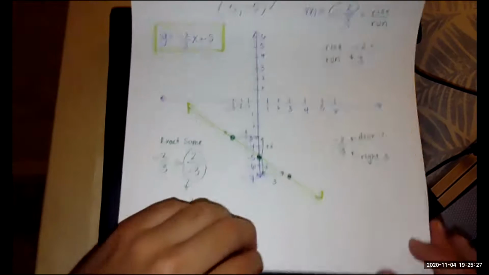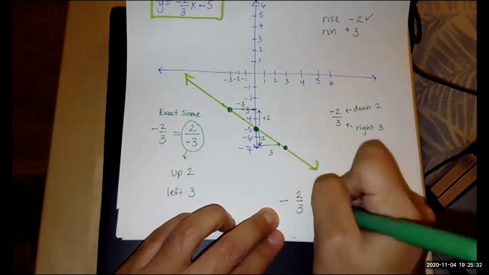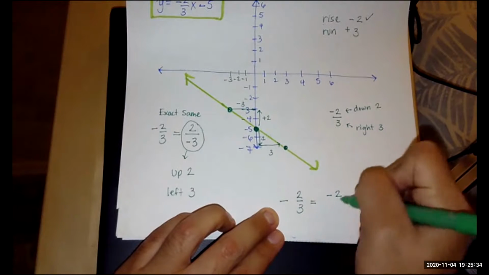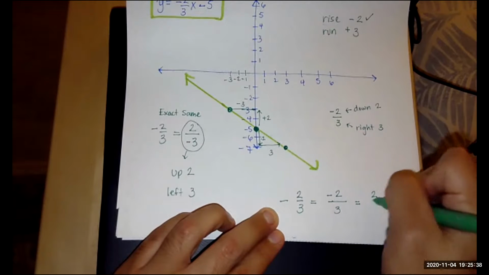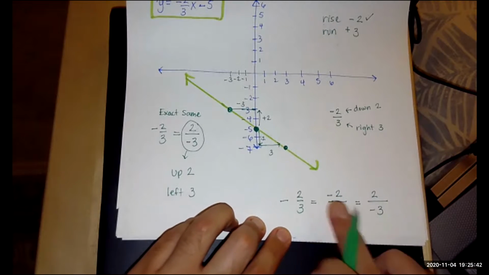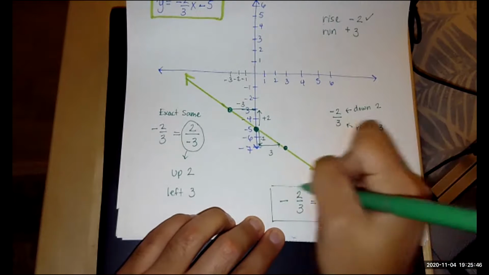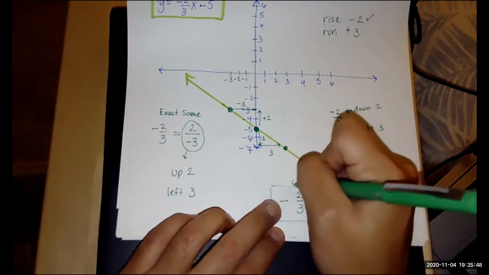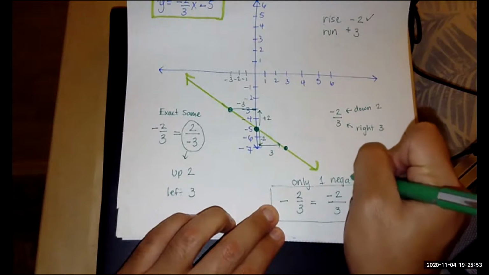Okay, so the takeaway there is that if I have a negative in front of the fraction, that's the same as having either the negative on top of the fraction or having the negative on the bottom, but you will not have the negative for both. These are all the same, but you should only have one negative sign.